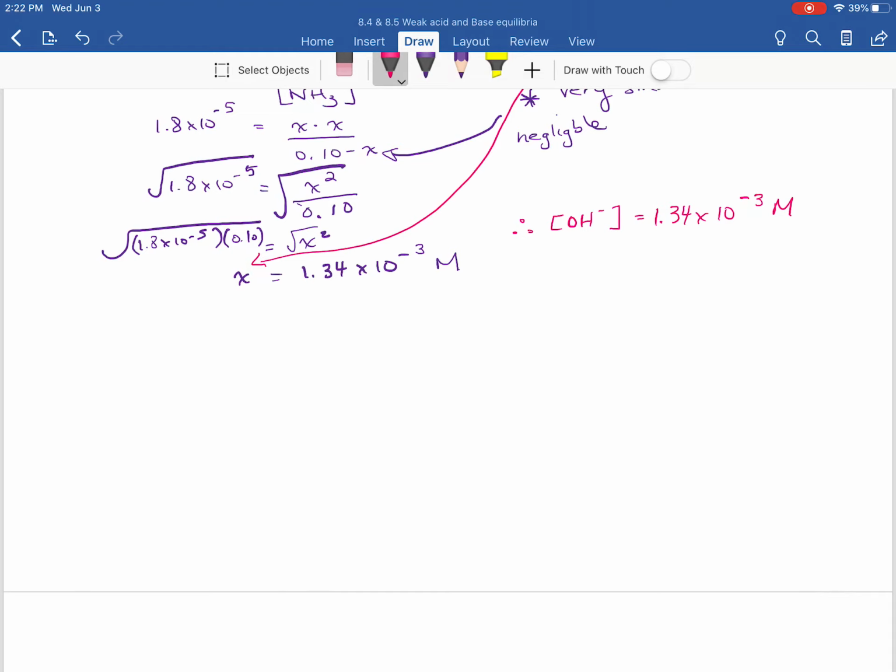So we can do one of two things. Knowing that the concentration of hydroxide is 1.34 times 10 to the negative 3 moles per liter, we can use this equation.